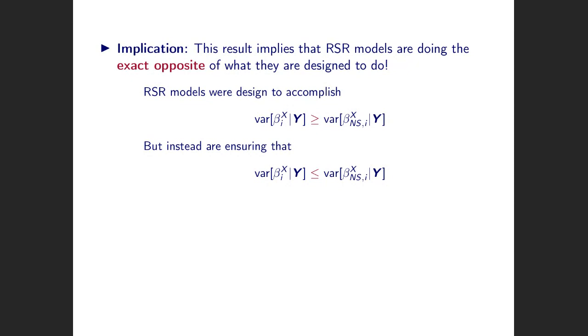They were designed to accomplish this particular inequality, but instead they ensure the reverse, which explains why simulation studies using these methods are not giving the results that people expected. And it turns out that you can trace the origins of this problem to an error made in one of the derivations in the original paper.